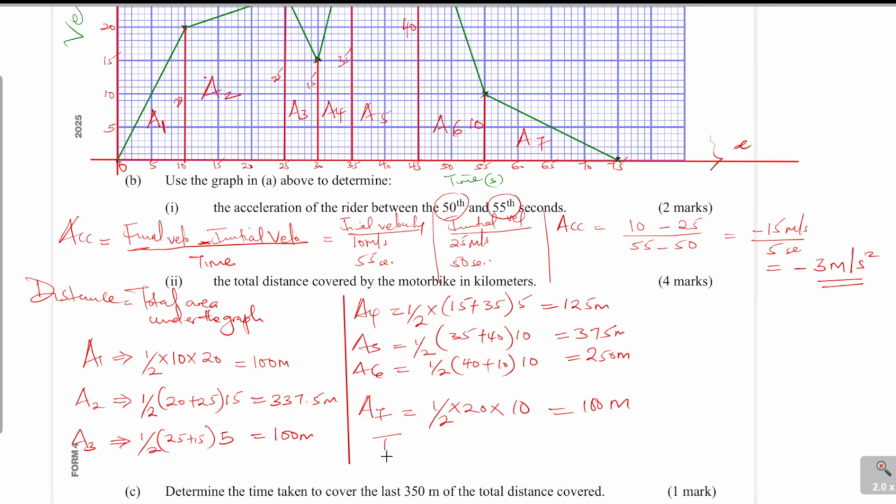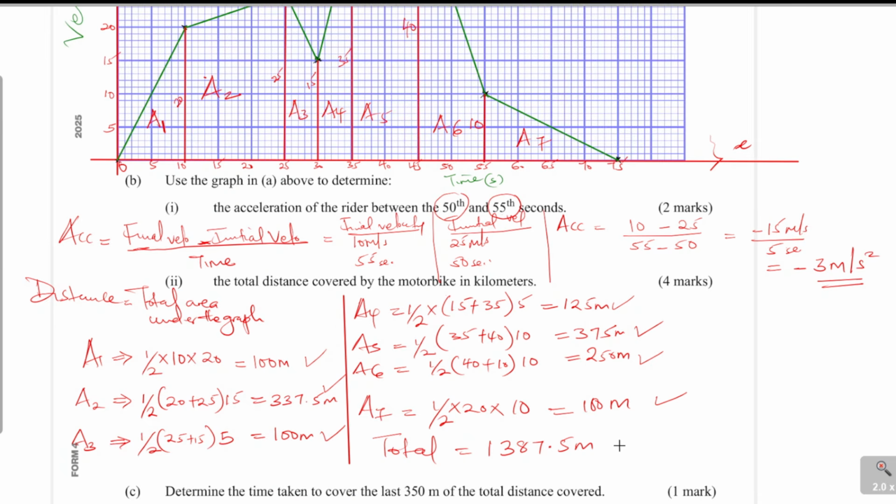So now you get the total area. You add 100 meters plus 337.5 meters plus 100 meters plus 125 meters plus 375 meters plus 250 meters plus 100 meters. This will give you the total area in meters, which is 1387.5 meters.